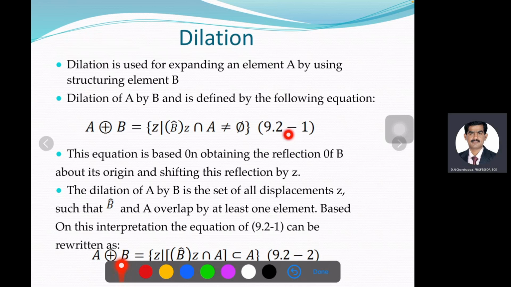This equation is based on obtaining the reflection of B about the origin and shifting this reflection by Z. The dilation of A by B is then the set of all displacements Z, displacement meaning what you represent in the equation as Z, such that the structuring element B reflected overlaps A by at least one element.